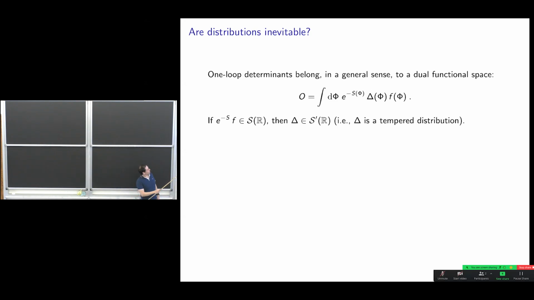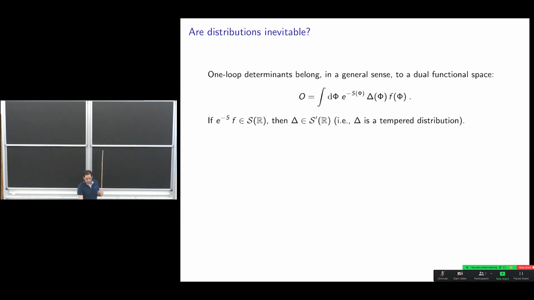If this function belongs to the Schwartz space of rapidly decreasing functions, delta should be something that integrated against this would give you some number. So in a more general sense, if you don't know what localization produces, delta is a tempered distribution. And this is what we find.